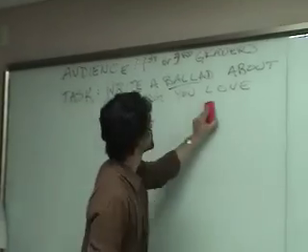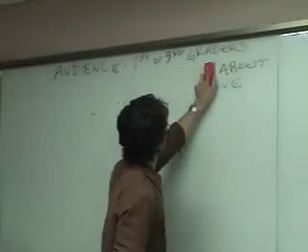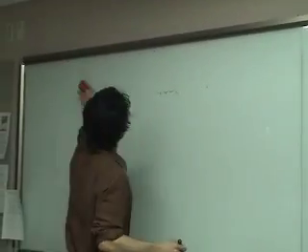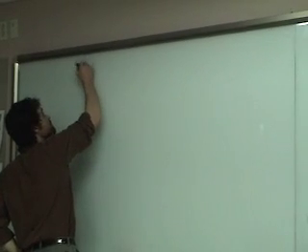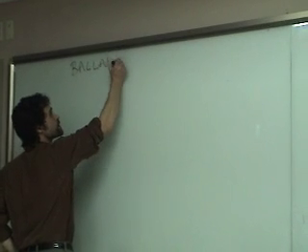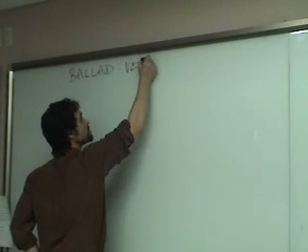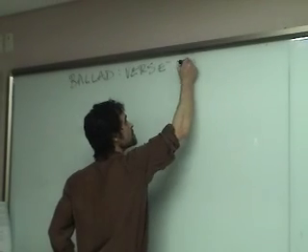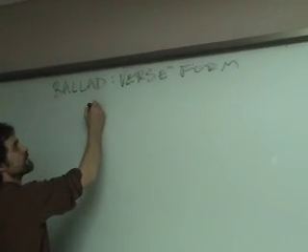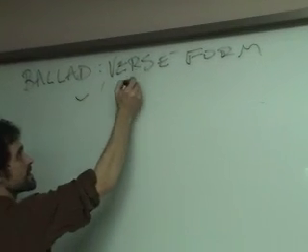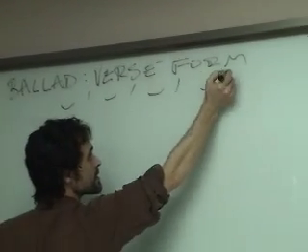What's a ballad? A ballad is a verse form used in songs. It has 4 lines. And the first line is da da da da da da da da.